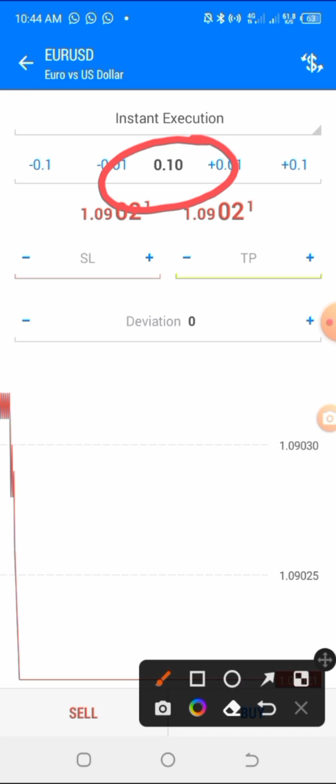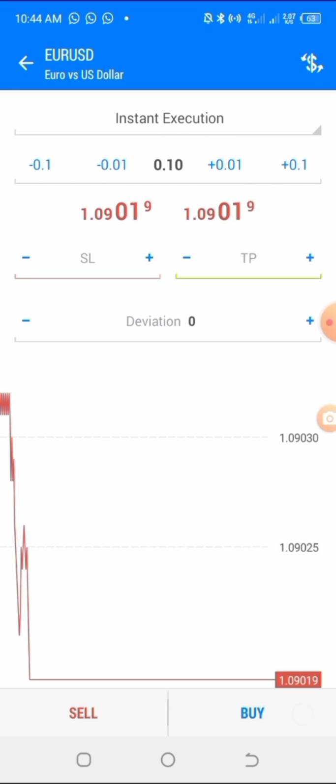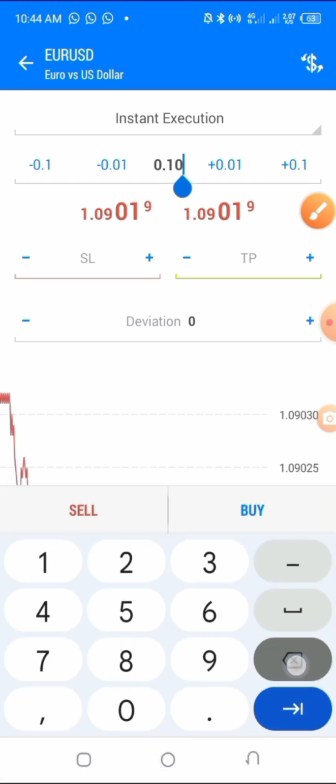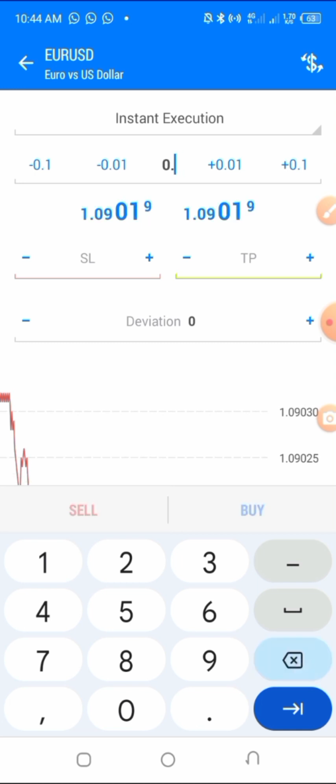The minimum lot size is the best if you have a small account, and that is 0.01. You can change or modify it. If you don't know the minimum, you can place 0.0, then you add on a plus. The first one will be the minimum lot size.